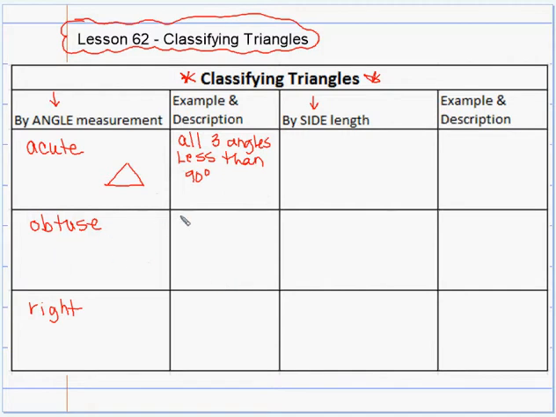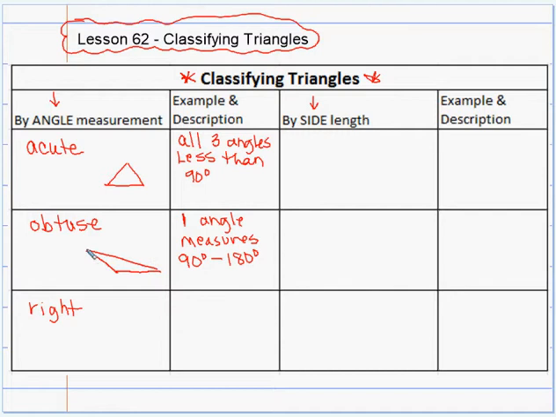An obtuse triangle, you are going to have one angle and only one. Okay, there can only be one angle that measures greater than 90 degrees to 180 degrees. Okay, not 90, not 180.